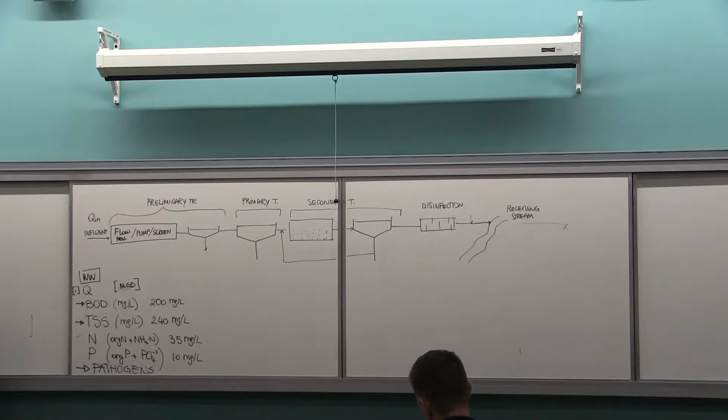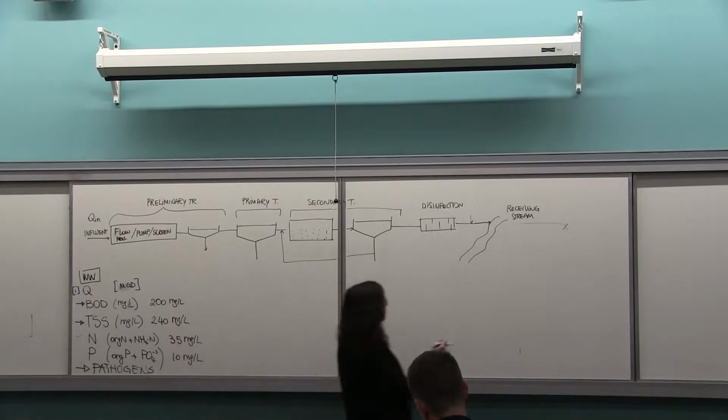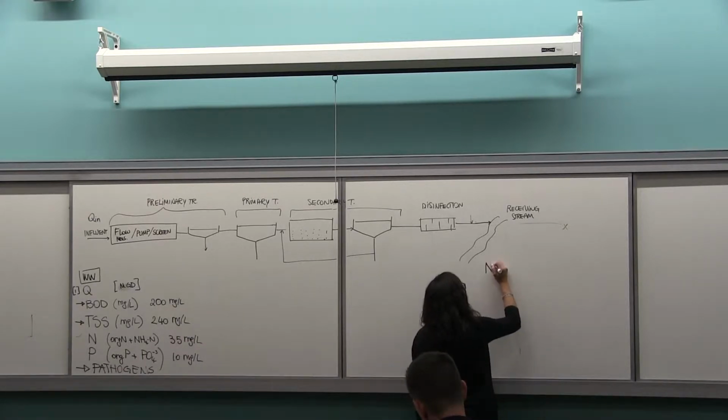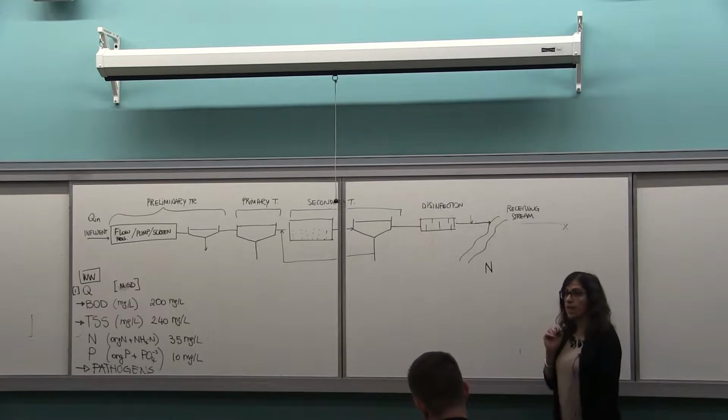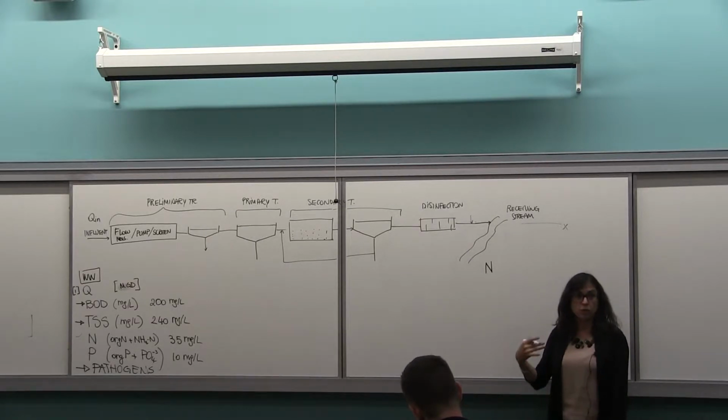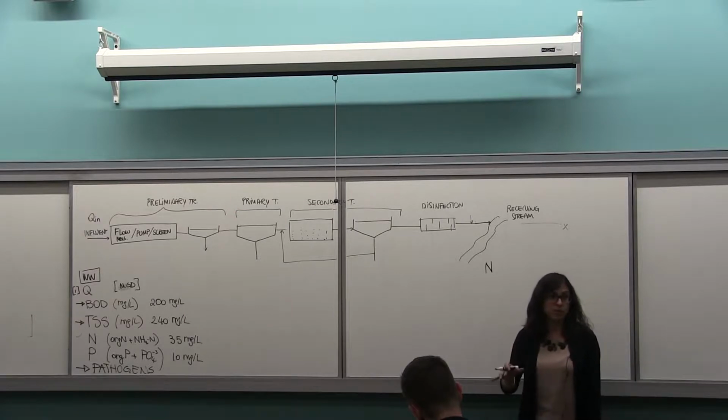Those are the three main contaminants that a wastewater treatment plant needs to be able to reduce. And so at the federal level, every wastewater treatment plant has to request a permit to be able to discharge the wastewater into a receiving stream.